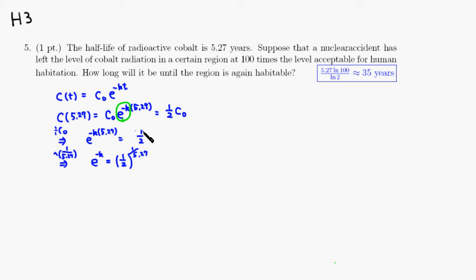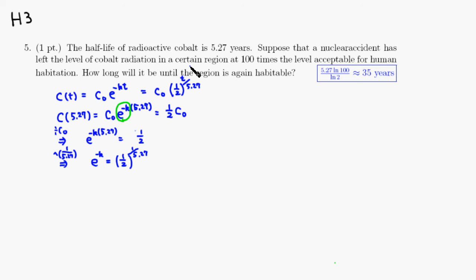Therefore we have this equation: C0, e to the kt is 1/2 raised to the 1 over 5.27, but we want to raise it to the t, so this is the equation.